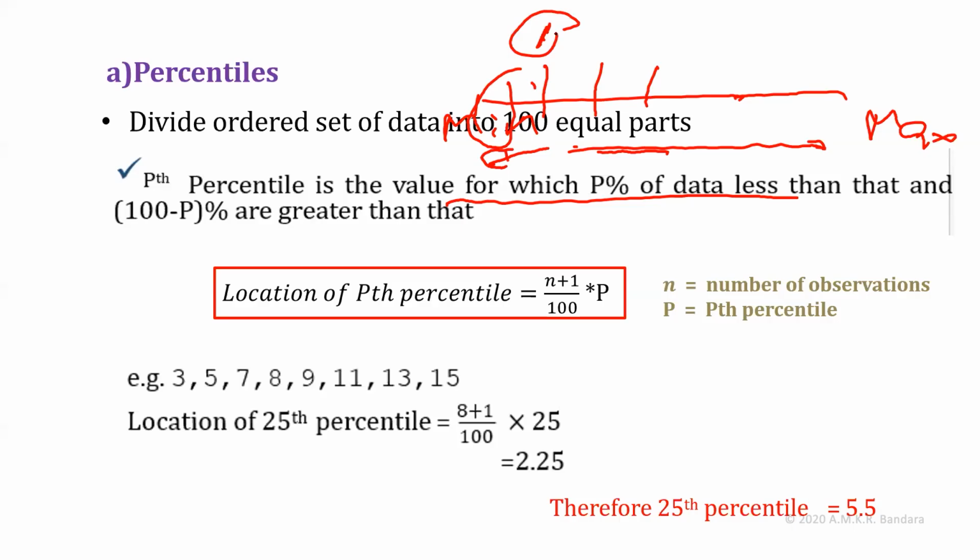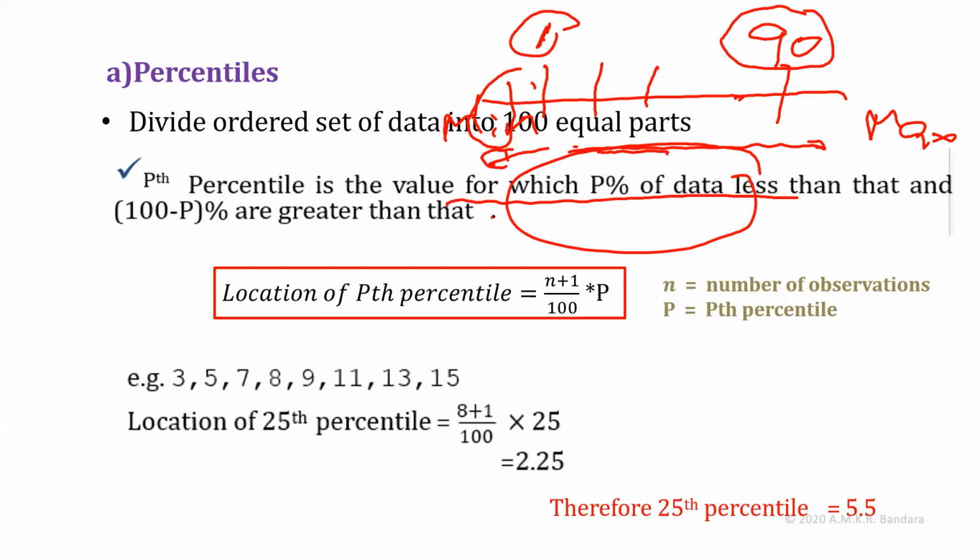That is the first percentile. If it is the 90th percentile, that means 90% of the data in this data set is less than that value and 10% of the data is greater than that value. Likewise. We commonly call this the P percentile. It may be the first percentile, second, third or 99th percentile.